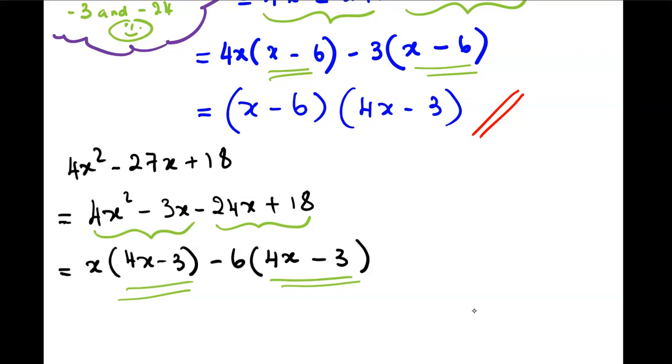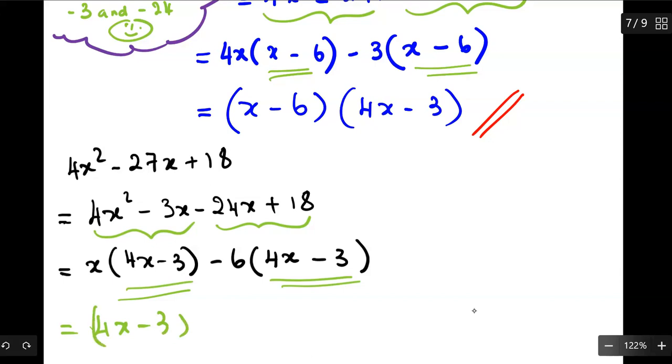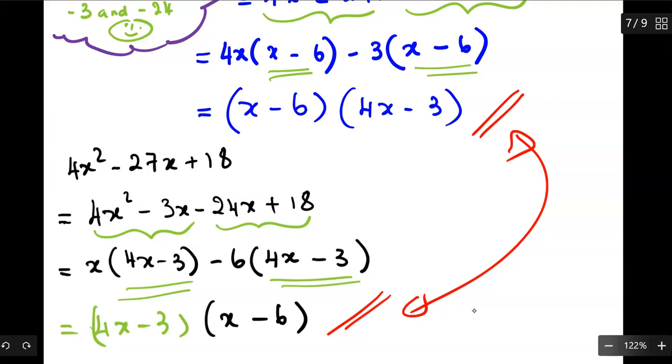So you see, this is your common factor, and then you pull out that common factor. What you have left is x minus 6, and this is actually the same. Because it is the product of two numbers, the position of these two is not that important; you expect the same thing.